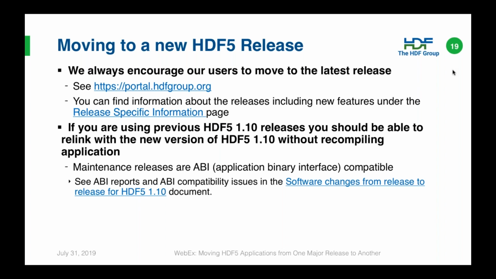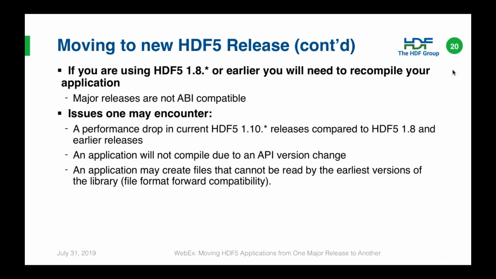We have such a document for every major release, for every line of 1.8, 1.10, or 1.12. We are working on the 1.12 document right now. If you're using 1.8 or earlier, you will need to recompile your application because major releases are not ABI compatible.